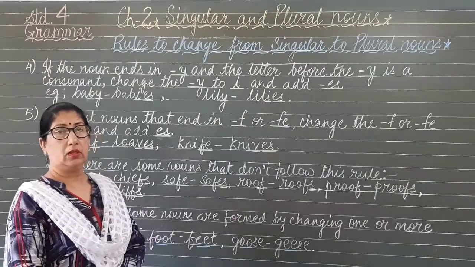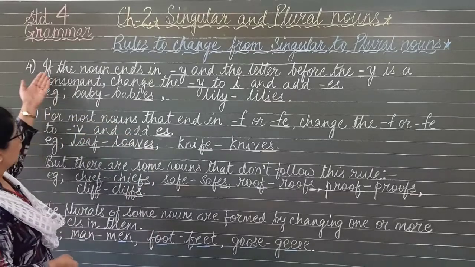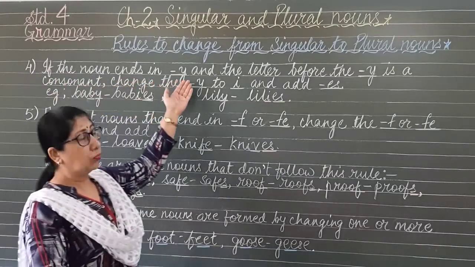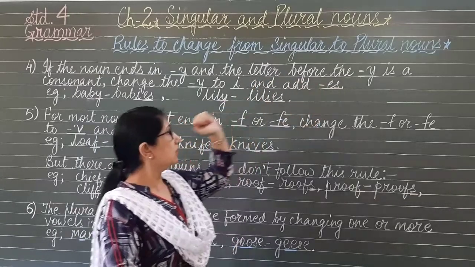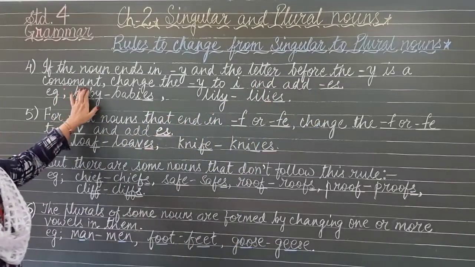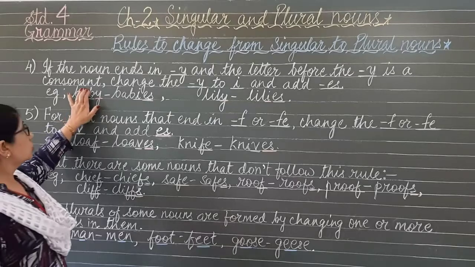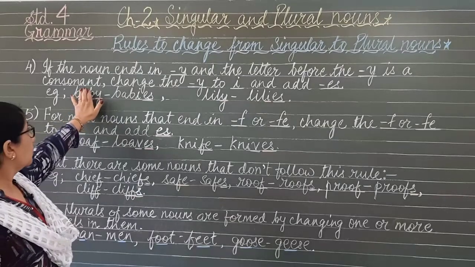Good. Our fourth rule is, if the noun ends in y and the letter before the y is a consonant. Before that what we have seen? The letter before y should be a vowel. Now what are consonants?